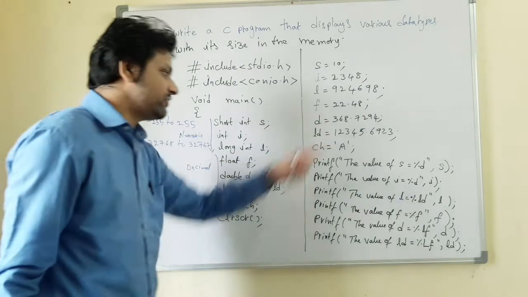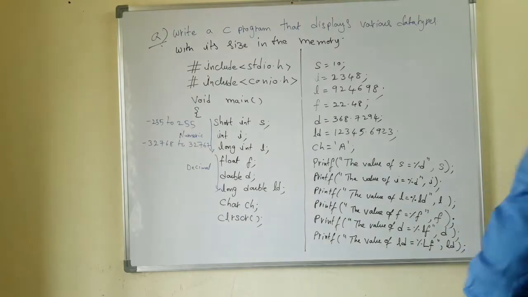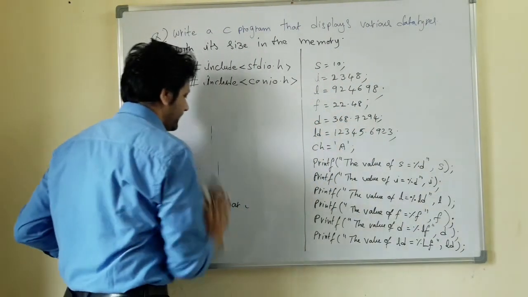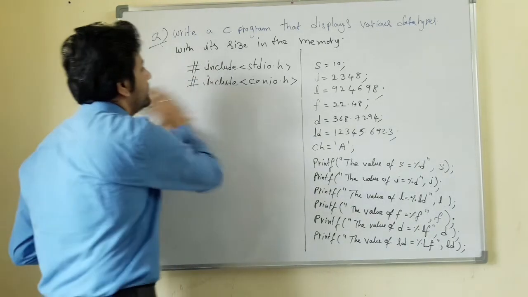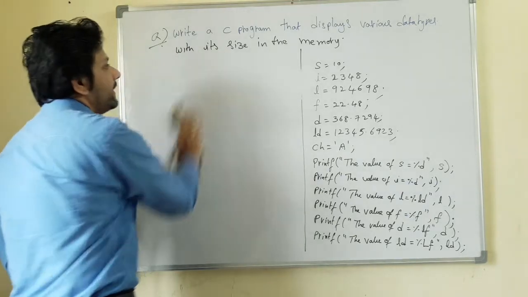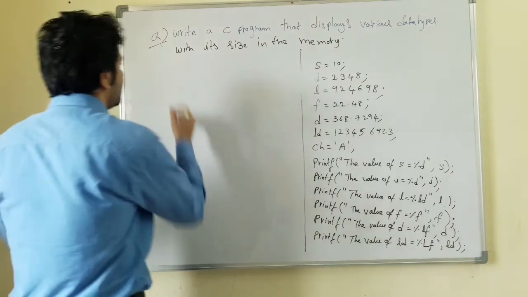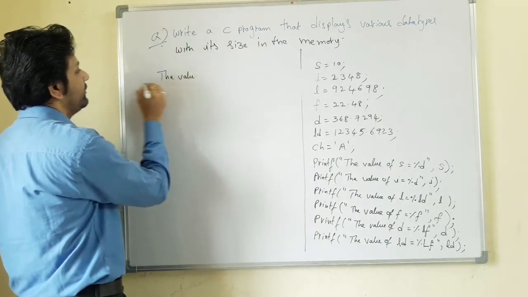Okay, now at last we are going to display the character. Now I am going to rub the previous thing here, this entire thing. Okay, I am going to continue here. So next is the value we are going to display under printf.